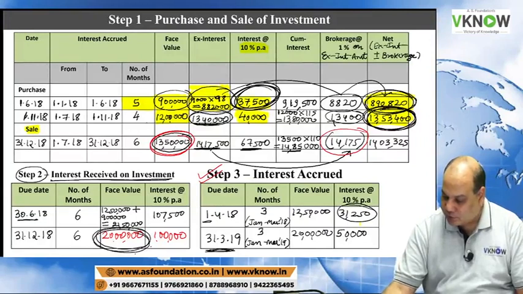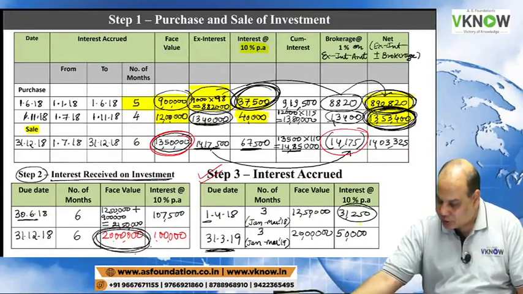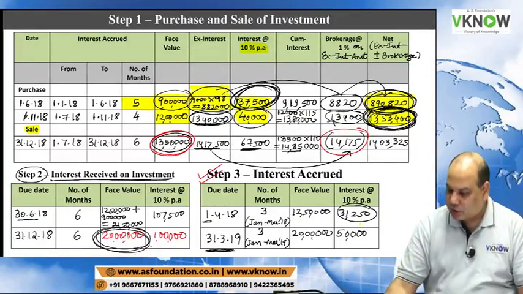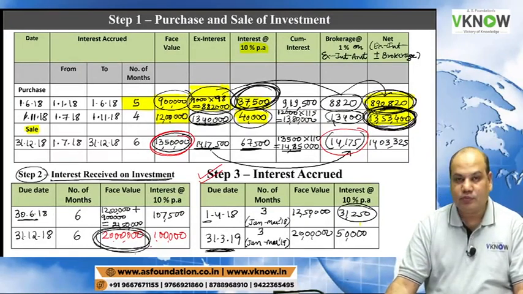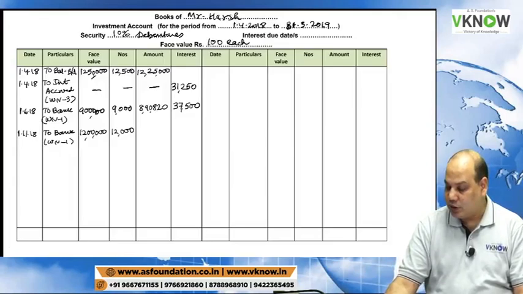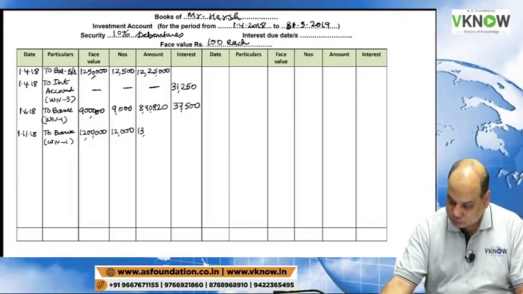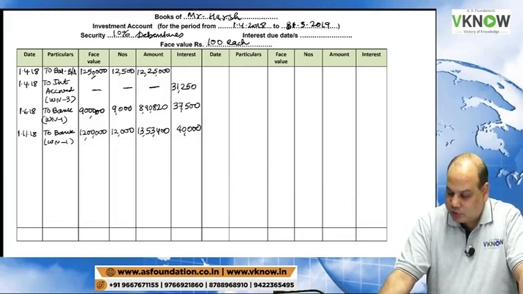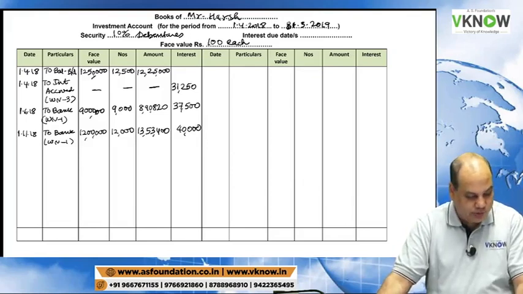Second line of purchase, last column, 1353,400 is the cost and interest is 40,000. So these are the two purchases made.